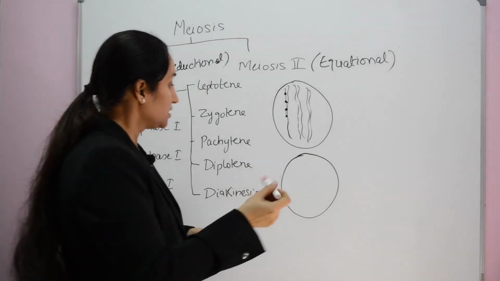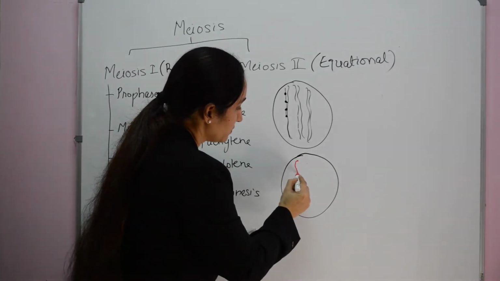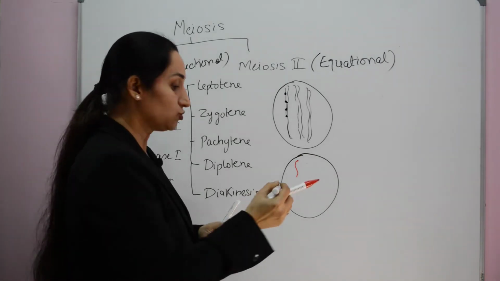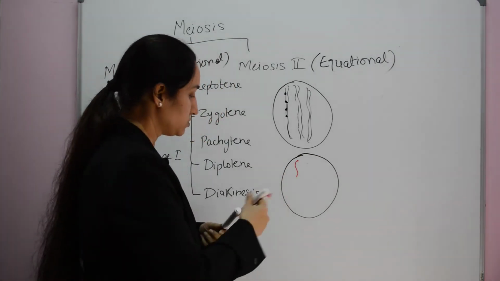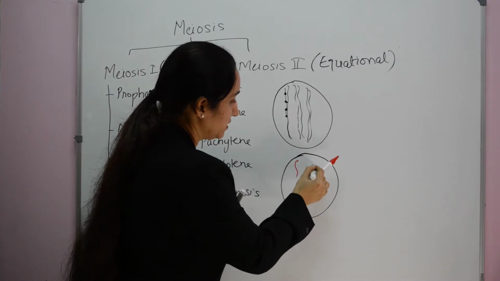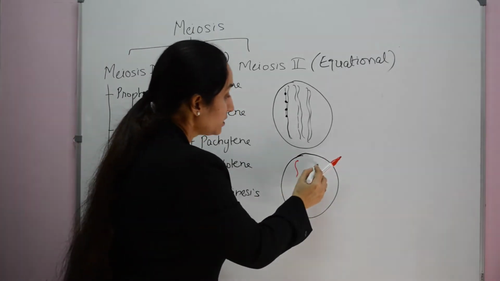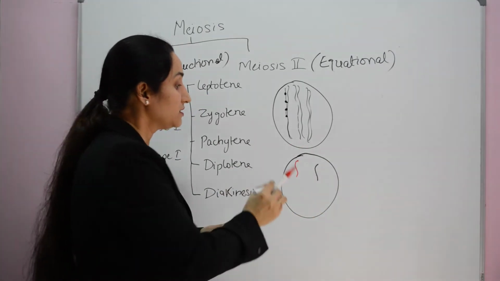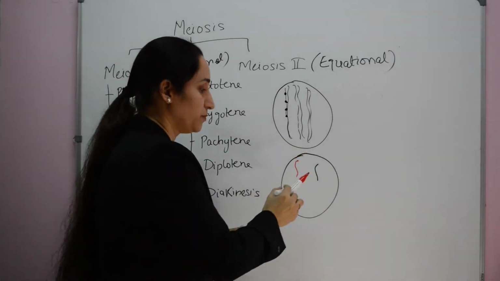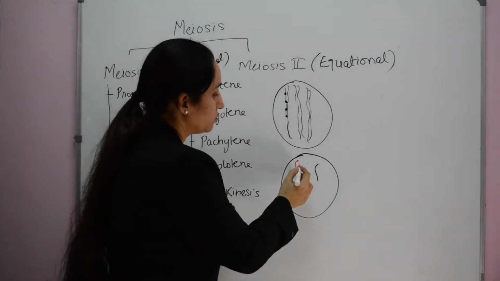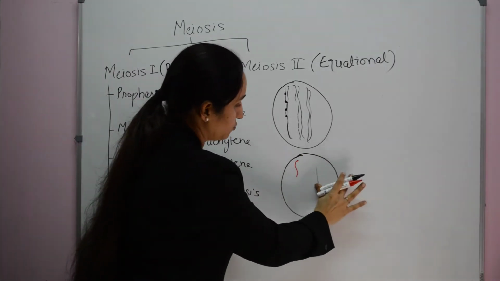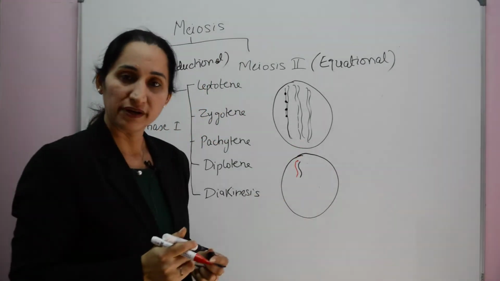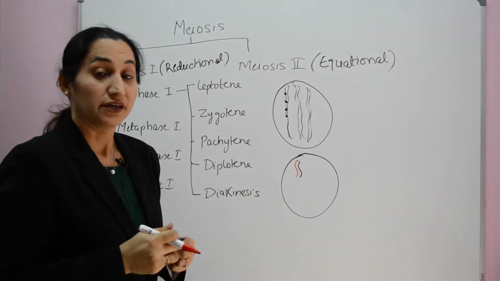Meaning if this is maternal chromosome number 1, then it will start looking for paternal chromosome number 1. Let us suppose this is paternal chromosome number 1 lying here, on the opposite side. But this maternal chromosome will start looking for the paternal chromosome and they both will come together, arranged near each other, right?